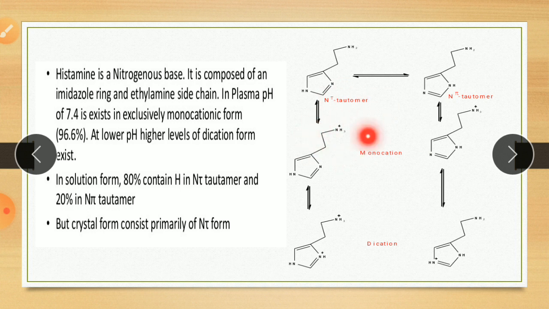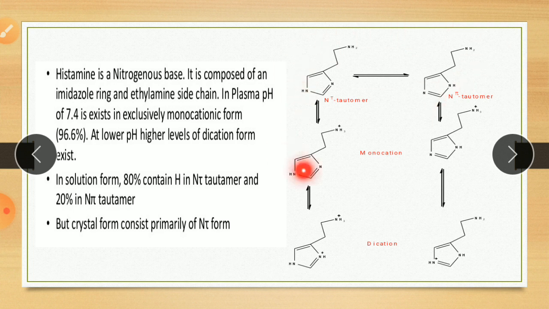Then further there is protonation on this nitrogen, so here there is again a positive charge, and similarly here. So this structure consists of two charges, on this nitrogen and on this nitrogen, and it is called the dicationic form of histamine. So histamine exists in ionic form plus uncharged form. This is an uncharged form of histamine.